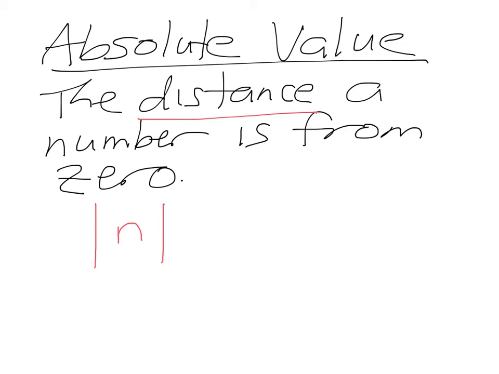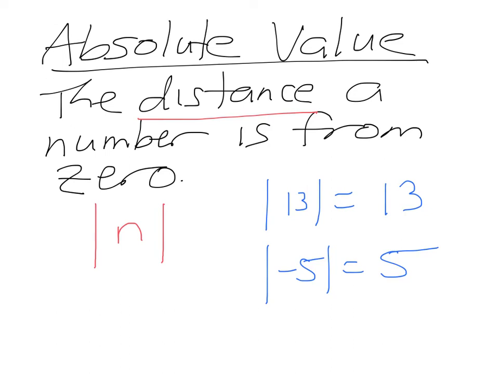The absolute value of a positive number will always equal the positive value of it. So, for example, if I said to you, what is the absolute value of 13, you would tell me that it is 13. If I said the absolute value of -5, you would tell me that it is, gotcha, it's not -5, it is 5, because it's the positive distance.